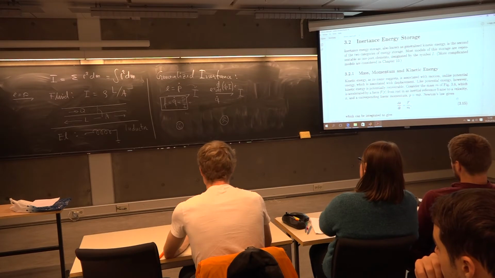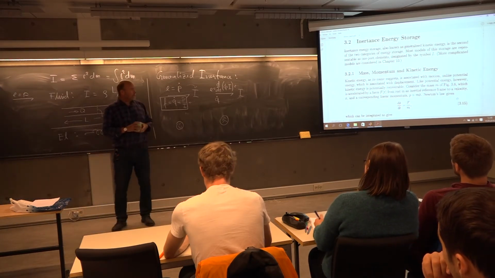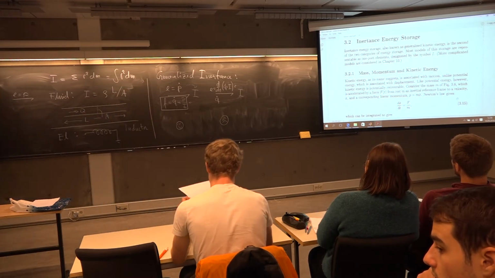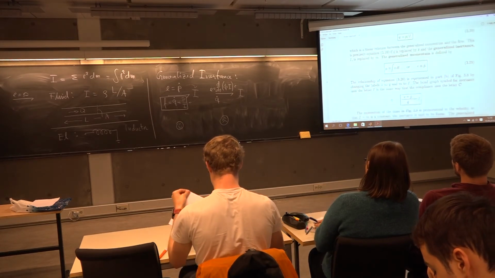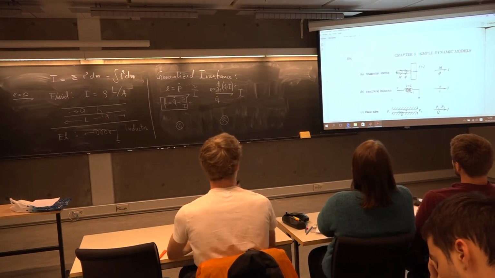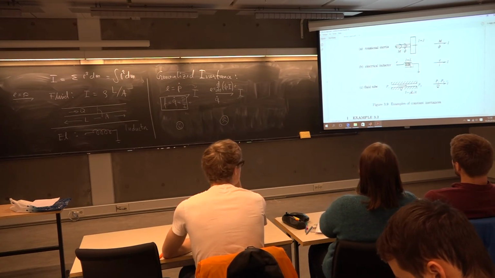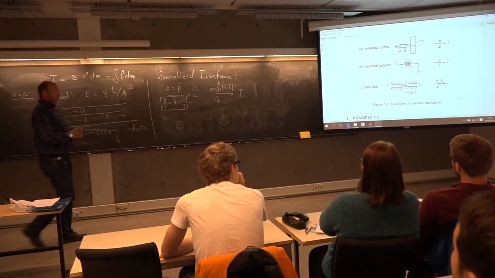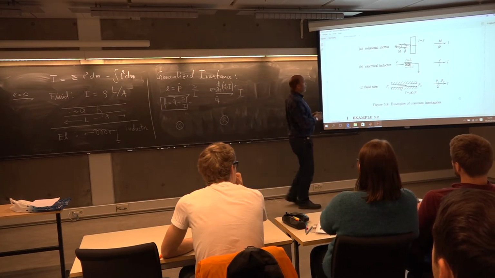Okay, so that was our two energy storage elements, compliance and inertance. And that's all we have that can store energy, those two. Here you have some examples of constant inertias. They don't have to be constants, of course not.